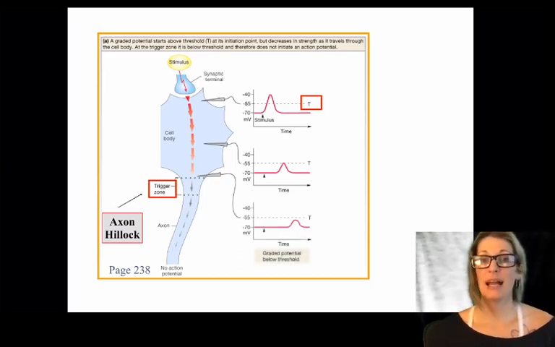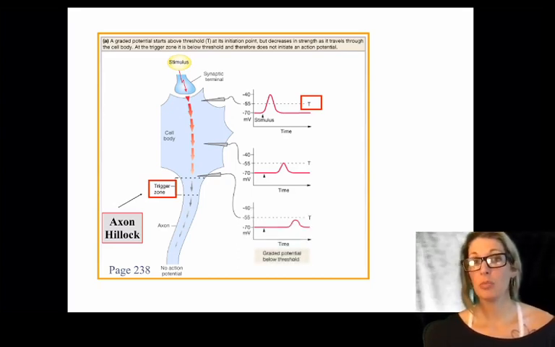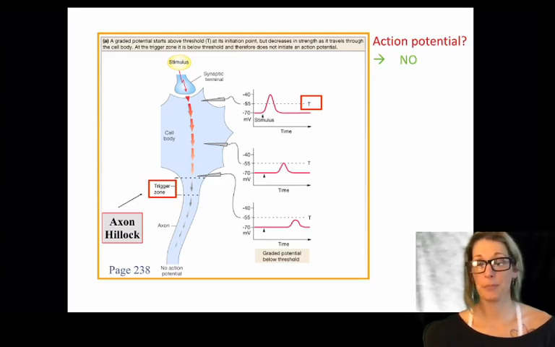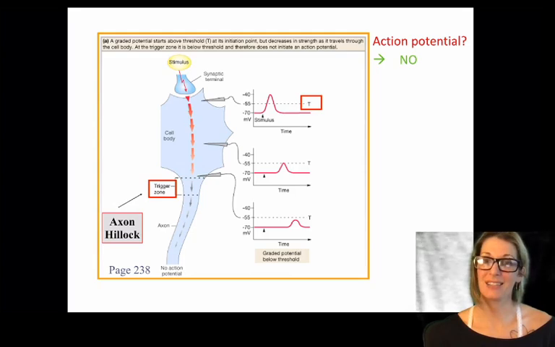By the time we get to the axon hillock, we're below negative 55, maybe like negative 60. So the question is, will this trigger an action potential? The answer is no, because we did not reach negative 55 at the axon hillock.